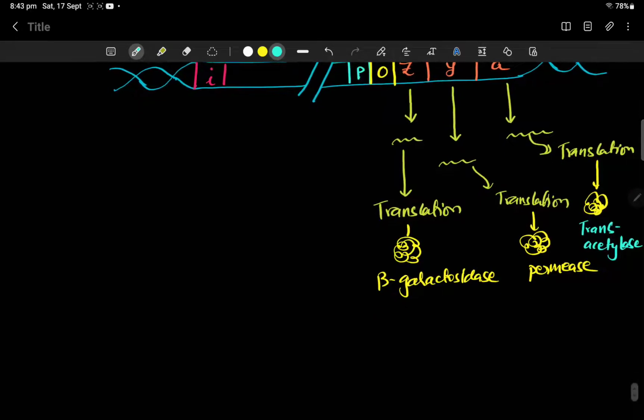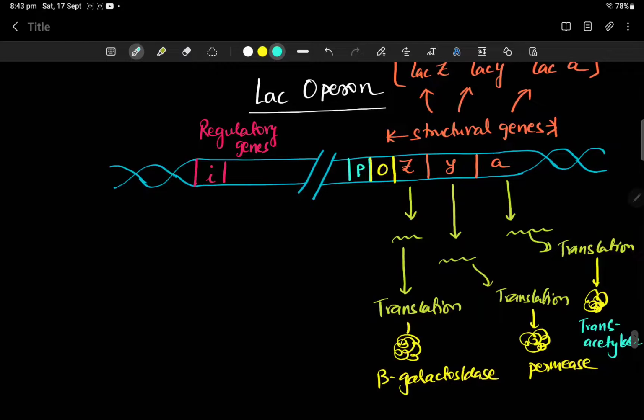Now what happens is, when the bacteria is in a medium and there is no lactose, it doesn't need the expression of these genes. So the lactose operon has to be shut off. Here we see that the repressor gene keeps on producing the repressor mRNA.